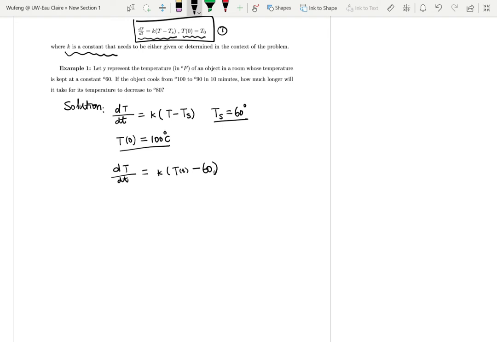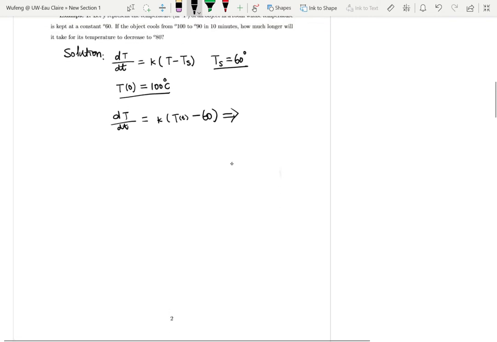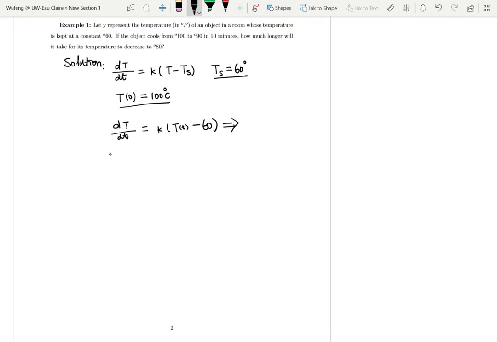So we solve this one using the separation of variables method: dT over T minus 60 equals k dt. Then you take the antiderivative.